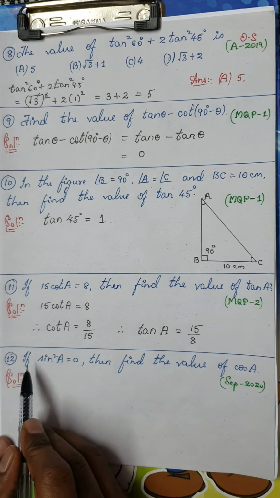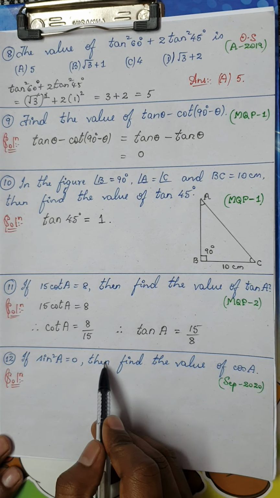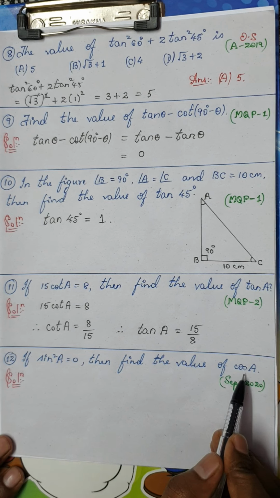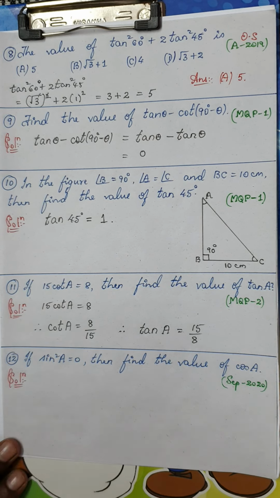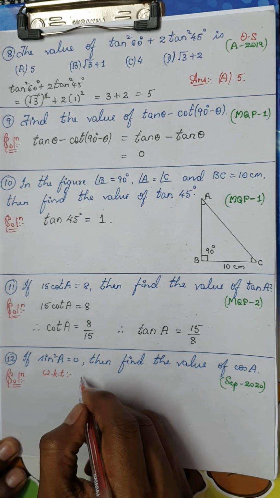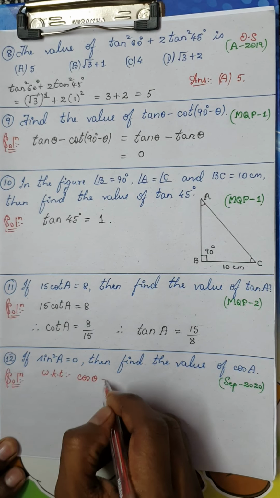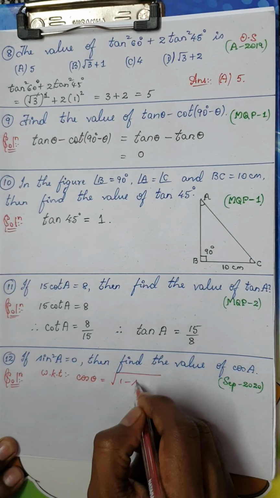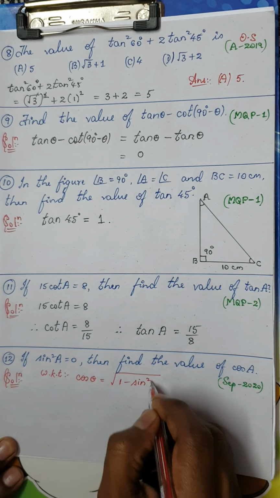The question asked was: if sin square A is equal to 0, then find the value of cos A. Here alone I will write the formula, but every time I'm not going to write. We know that cos theta is equal to root of 1 minus sin square theta.